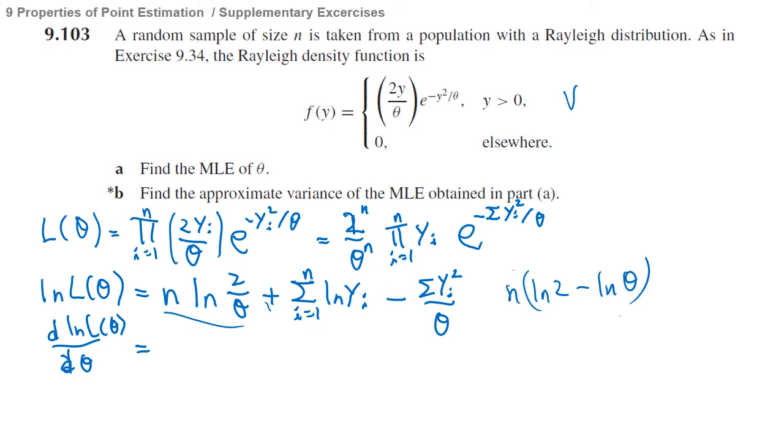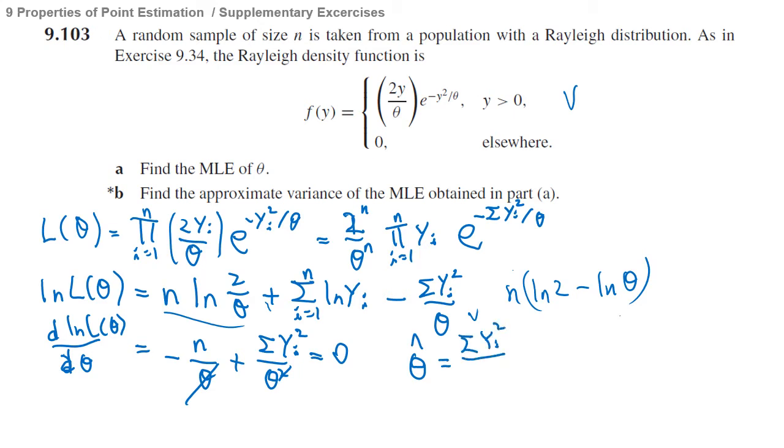So this is now minus n divided by theta, and we are differentiating this one. So this is plus 1 over theta square sum of yi square, and this one equals 0. And so this one cancels, and so theta hat equals sum of yi square divided by n. So this is our MLE.